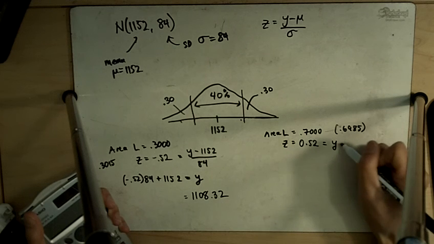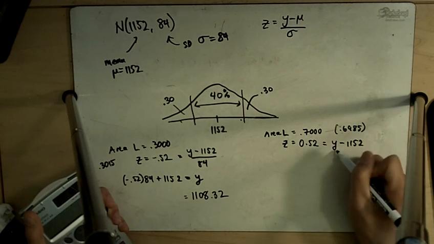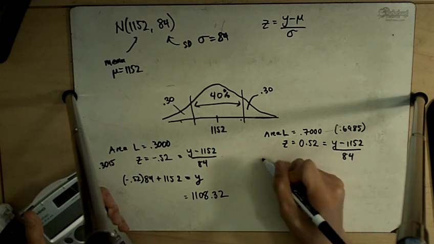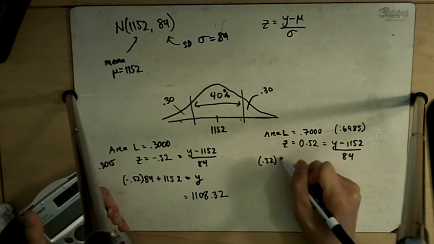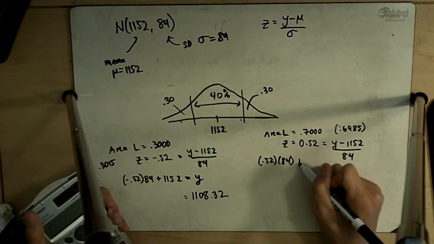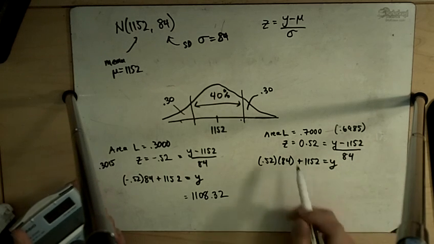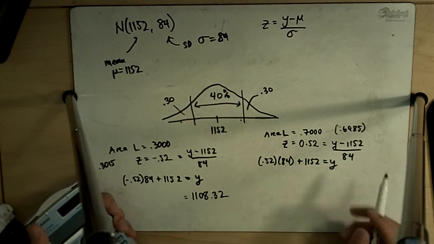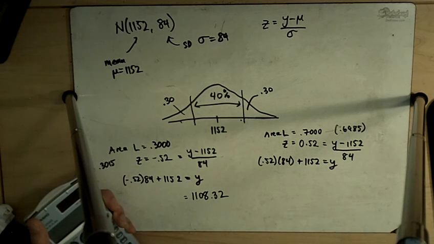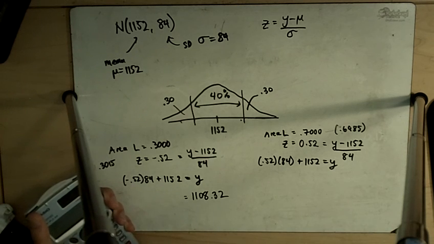And on this side, 0.52 is equal to y minus 1152 divided by 84. And again, 0.52 times 84 plus 1152. Solve for y. And I know I'm doing the algebra steps relatively quickly, but I'm hoping your algebra skills are up to speed there.